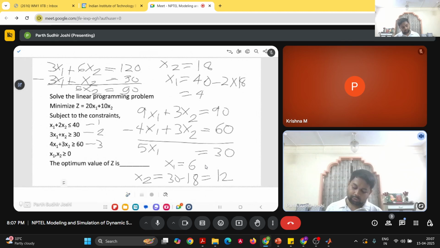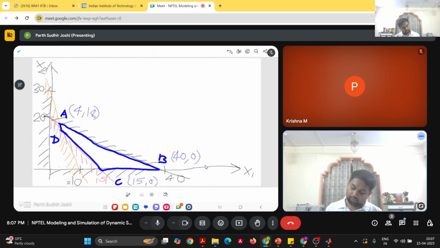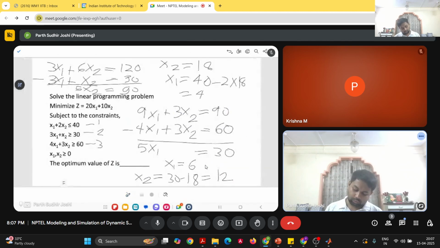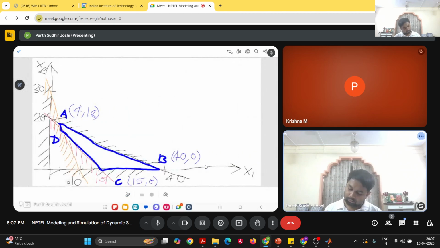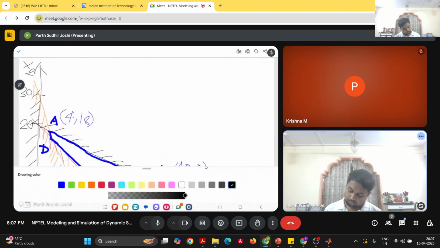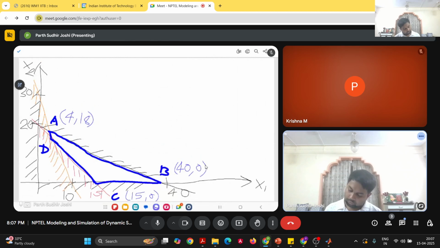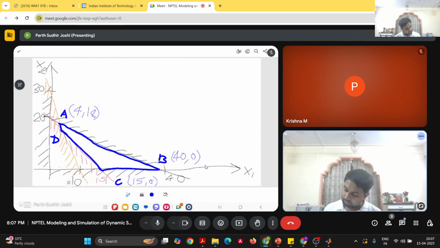So the intersection point will be 6 comma 12. So the coordinates for point D are 6 comma 12.